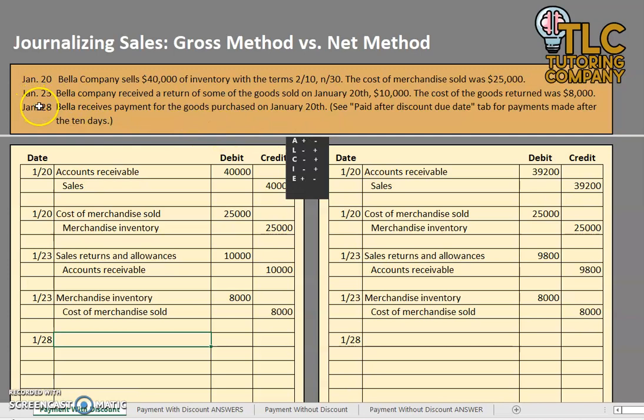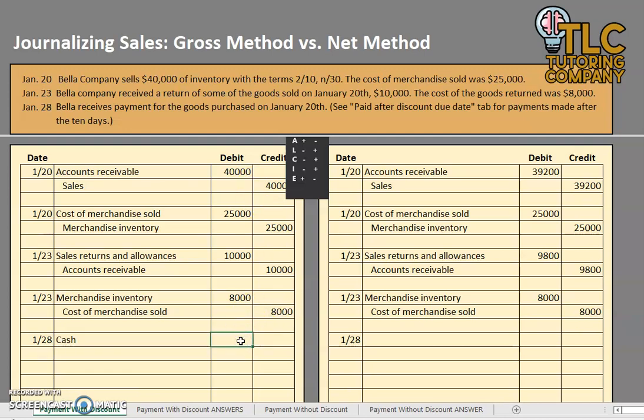So here on the 28th, we see that they are paying off the amount owed on their January 20th purchase. Now keep in mind they only get a discount if they pay within 10 days. And yes, they did in fact pay within those 10 days. So they are going to be receiving a discount. That begs the question, how much would they actually be receiving? Well, let's start with our cash.